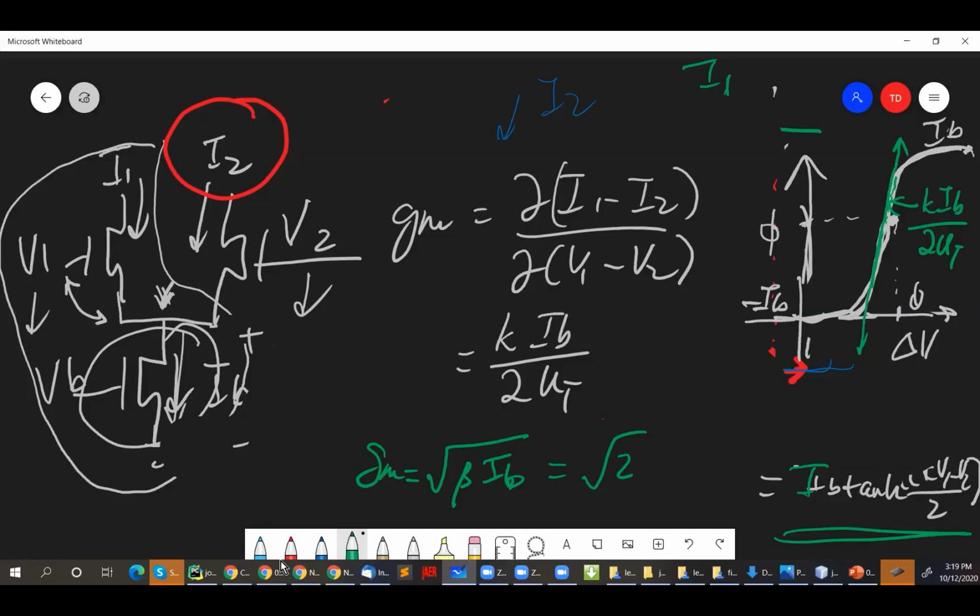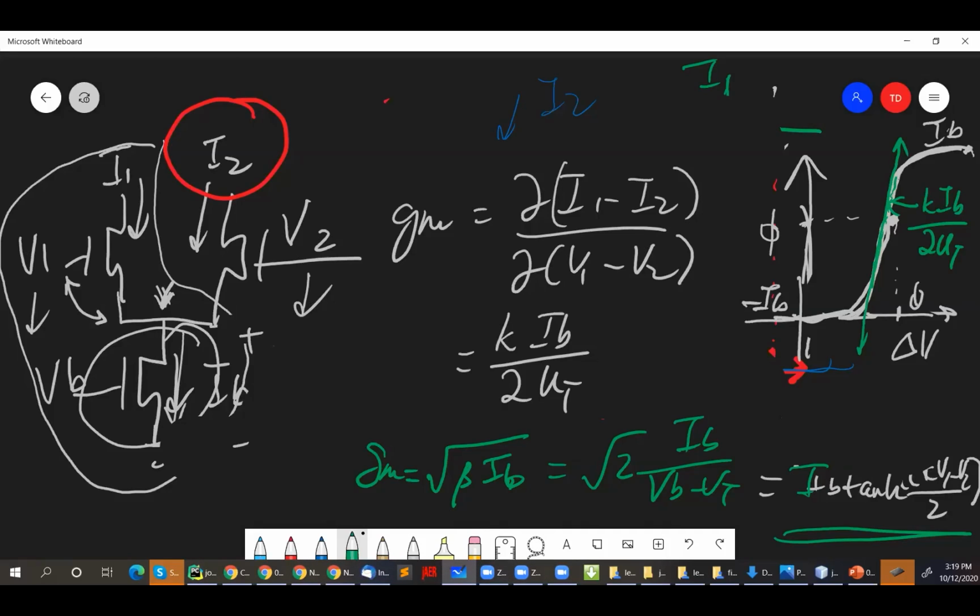It's going to be the square root of 2 IB over VB minus VT. So now you've got a square root. You don't have just IB. So when you want to cancel out things, it's not so fun. But that's what you get for a squaring operation.